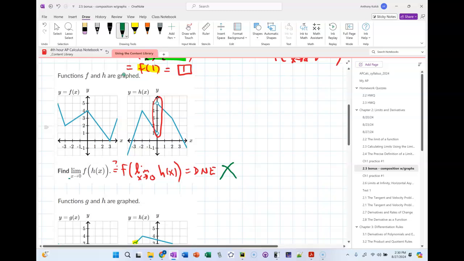If I look just at the limit as x approaches 0 of f, what's happening at the limit as x approaches 0 for f? We're approaching 4 from below, right? So we would say that this is going to equal the limit as x approaches 4 from below of h of x.